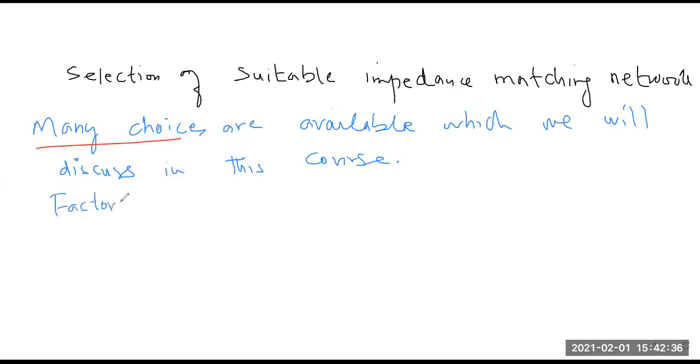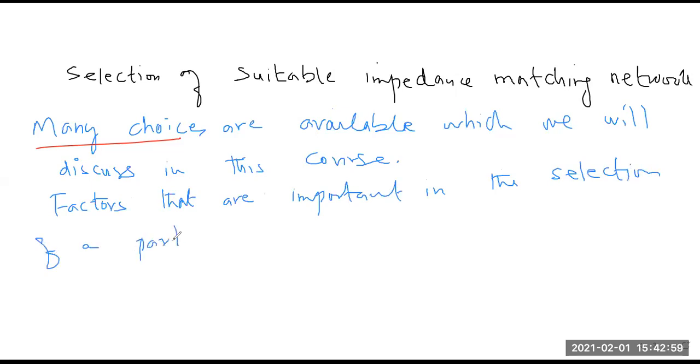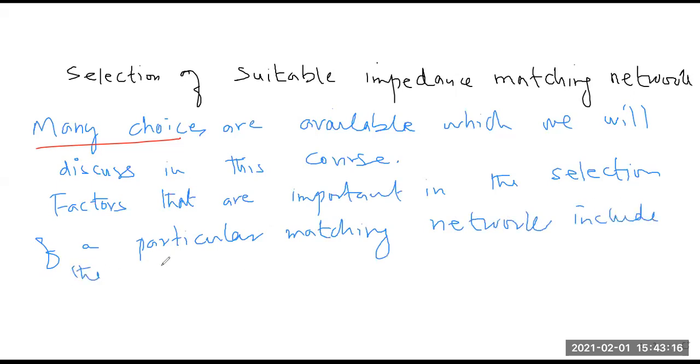So factors that are important in the selection of a particular matching network include the following.